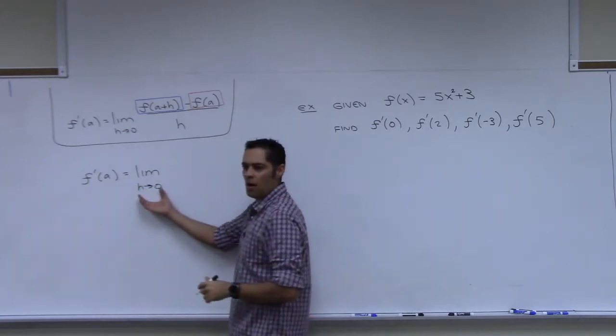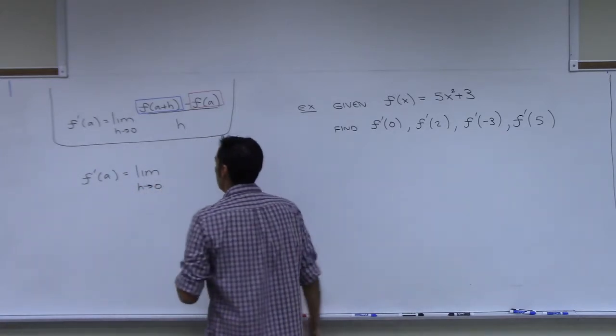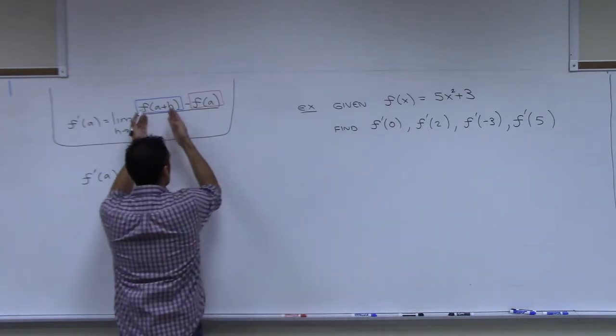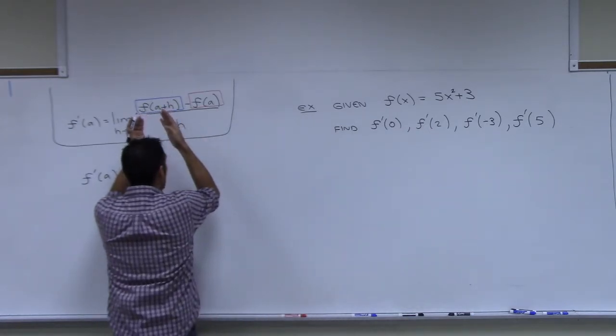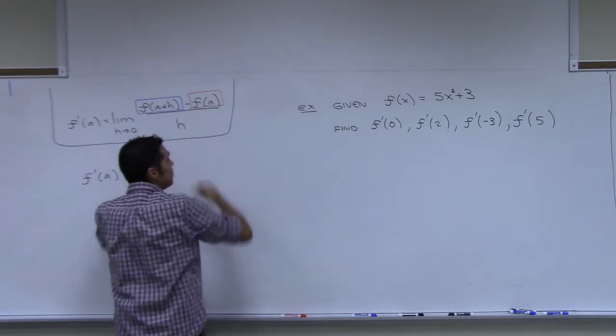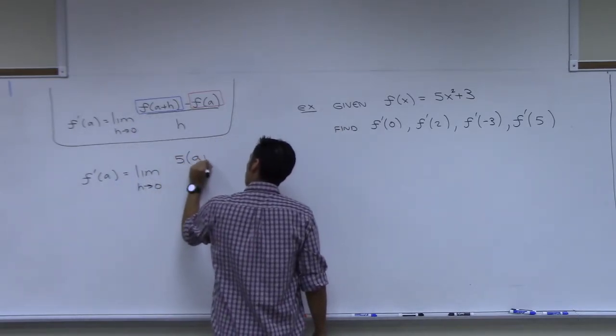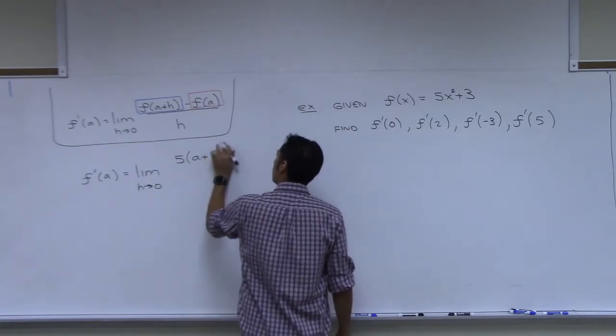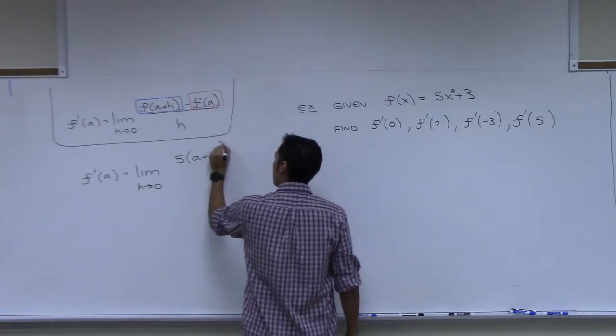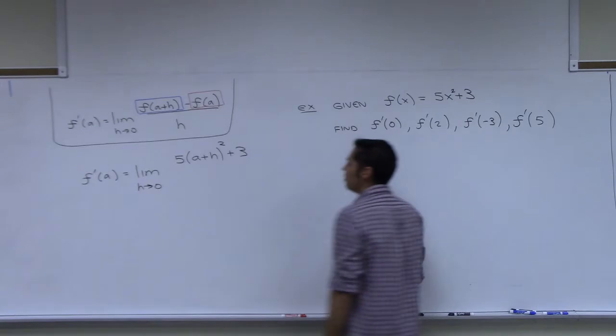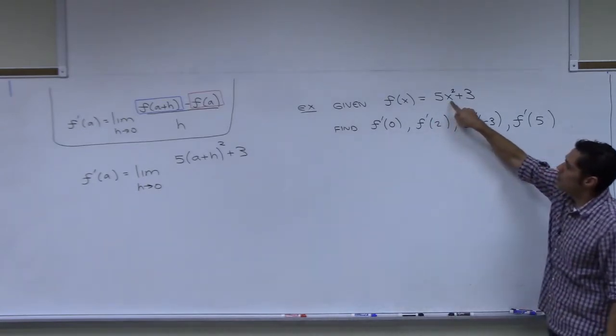Don't leave the limit off, okay? The limit needs to be here. And now, the blue part, we're going to replace x over there with a plus h. So it'll read 5. A plus h what? Squared. Okay, that time it's squared. Then plus the 3. Okay, so just replace that with a plus h.